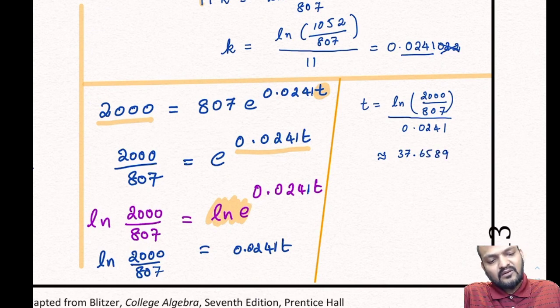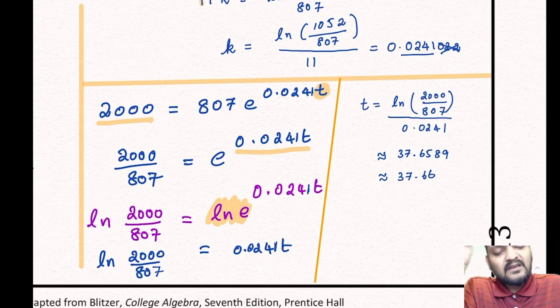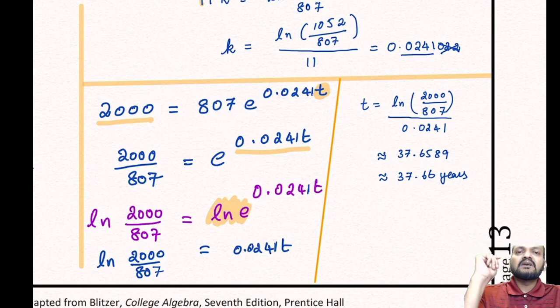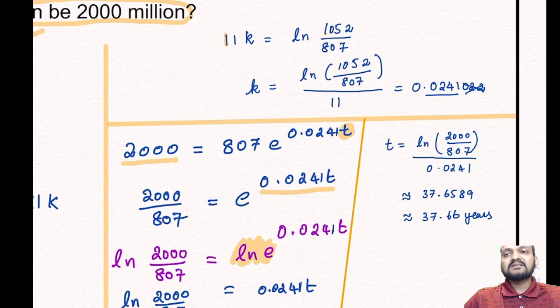So you can just say approximately 37.66. So it will take 37.66 years for the population to reach 2000 million. In other words, 2 billion, right? For the population to reach 2 billion for that particular model, it will take 37.66 years.